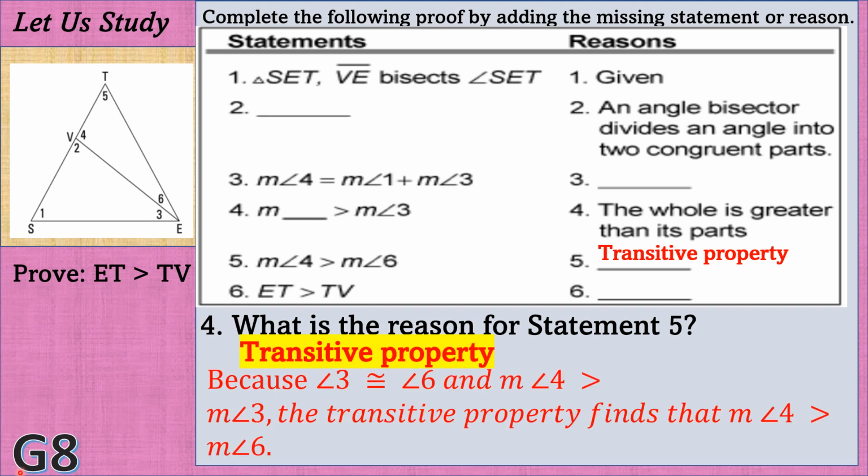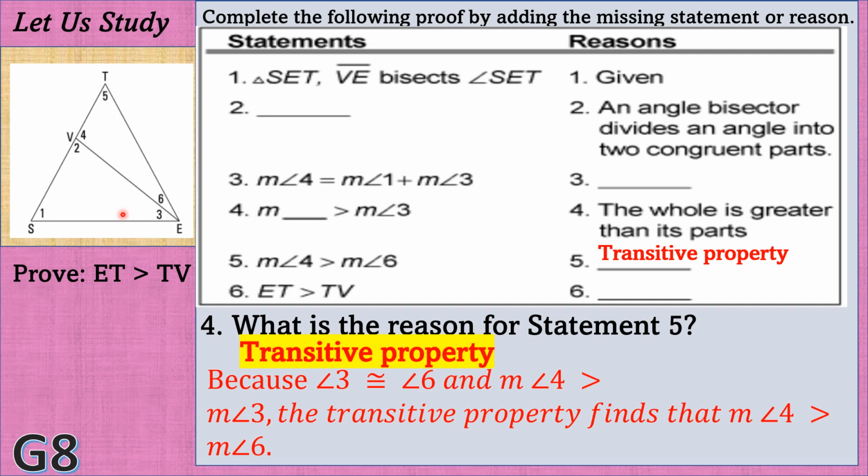So bakit? Because in the figure, we can say, or it shows that angle 3 is congruent to angle 6 because angle E here is divided by the angle bisector line segment VE. Line segment VE divides angle E into two congruent parts.